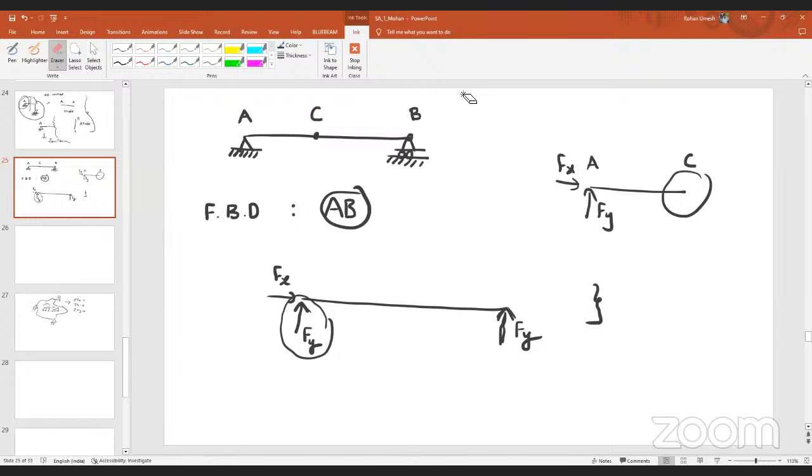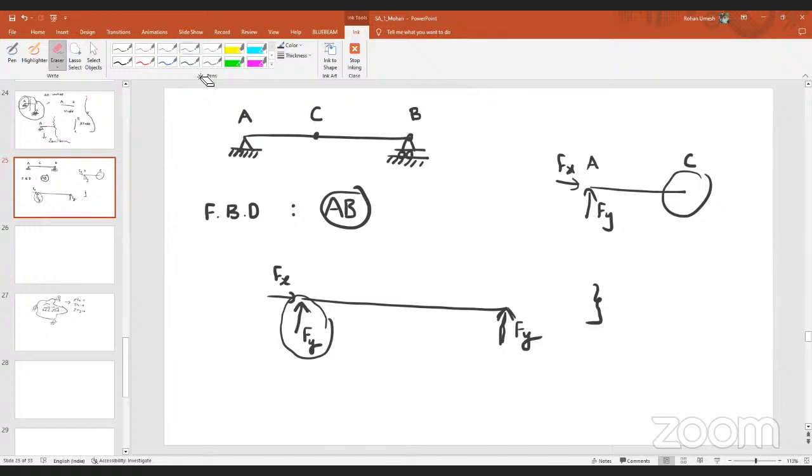See, A and B are external supports, okay? Wherever we are separating a point, or wherever we are breaking an element into two, there will always be contact forces. You might have heard of it. What is the definition of contact force?